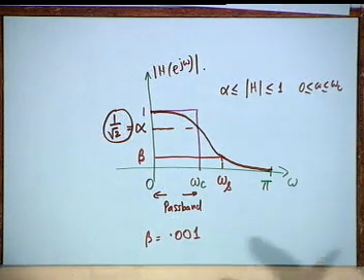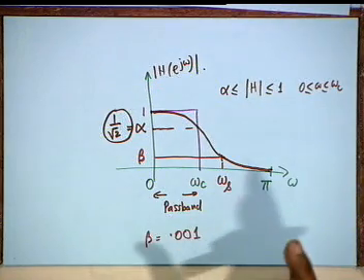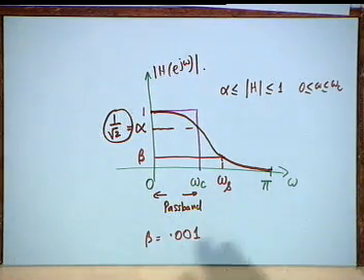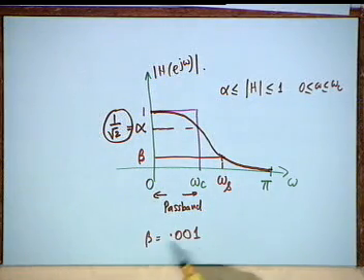So, typically what you shall be specified is that in the stop band the attenuation must be at least 60 dB. If it is at least 60 dB, then your beta is 0.001.